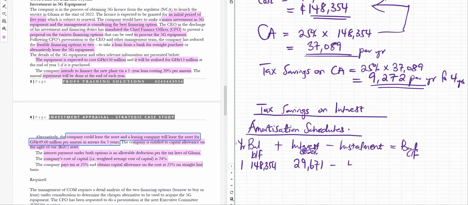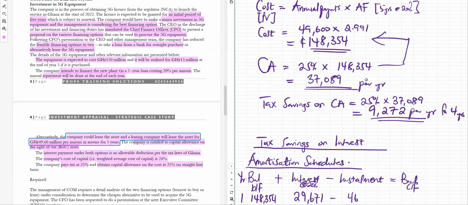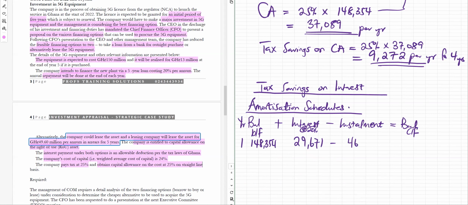We take out our installment of 49,600, and that gives us our closing balance. 148354 plus 29671 minus 49,600 gives us 128,425.